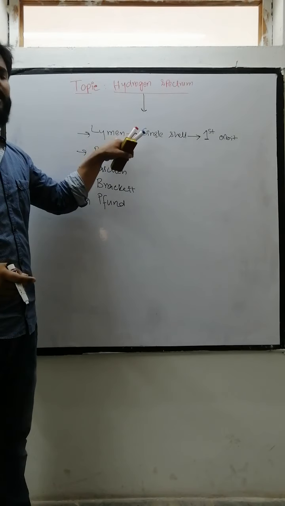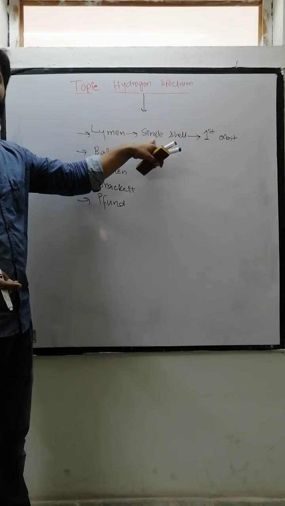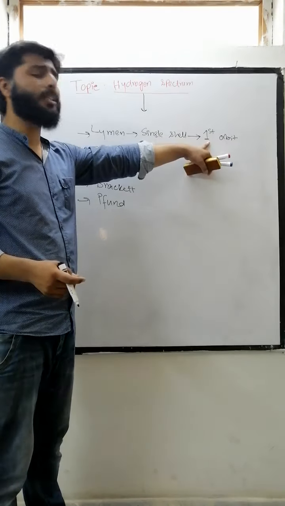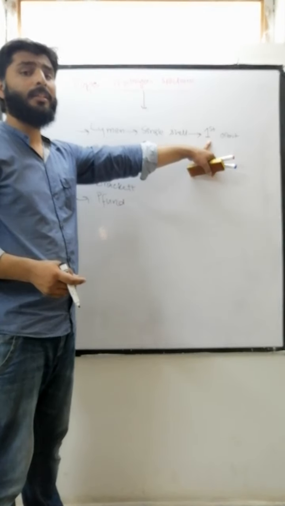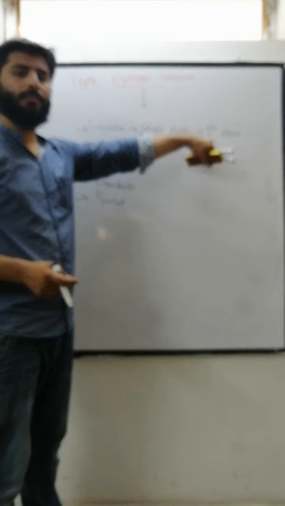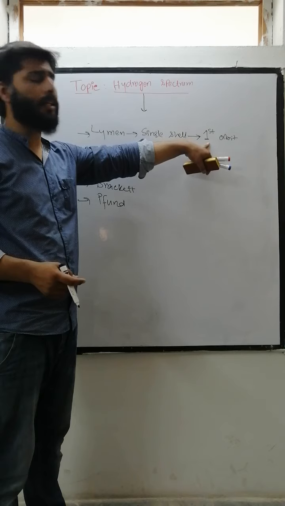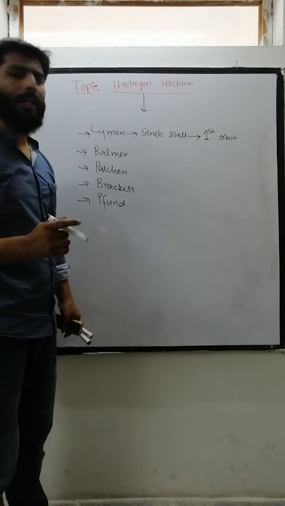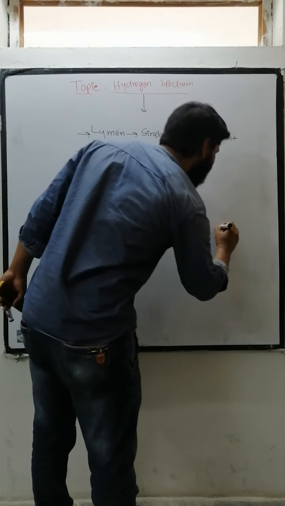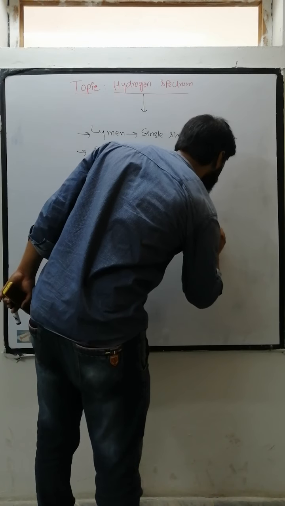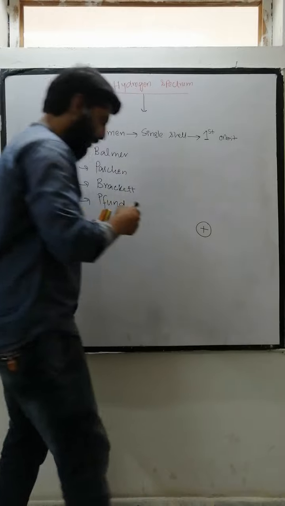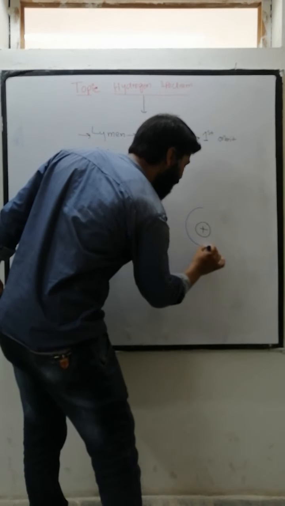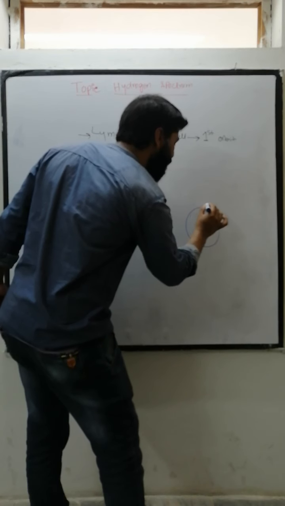According to the Lyman series, hydrogen has only one shell, one energy level in which the electron is revolving, and that is the first energy level. He said that the hydrogen atom consists of a nucleus having a first energy level in which the electron is revolving.